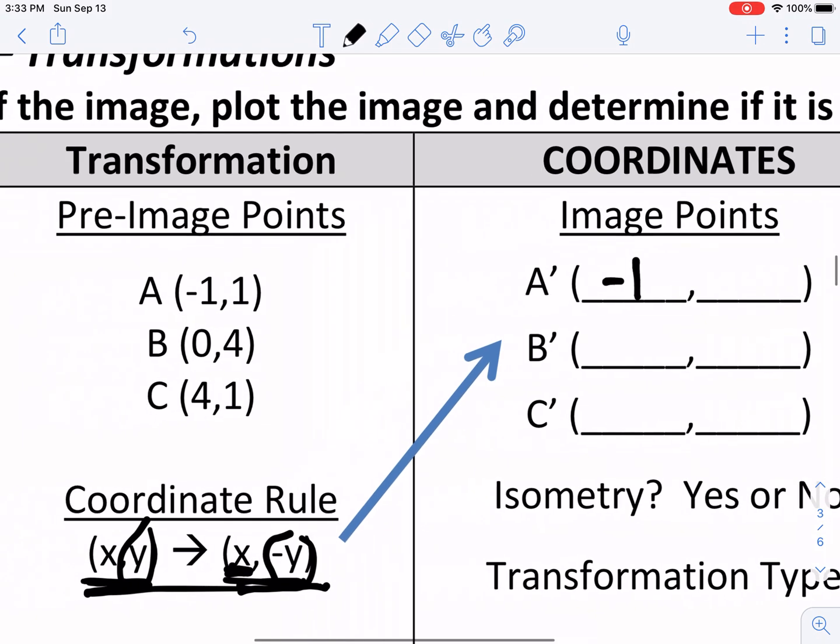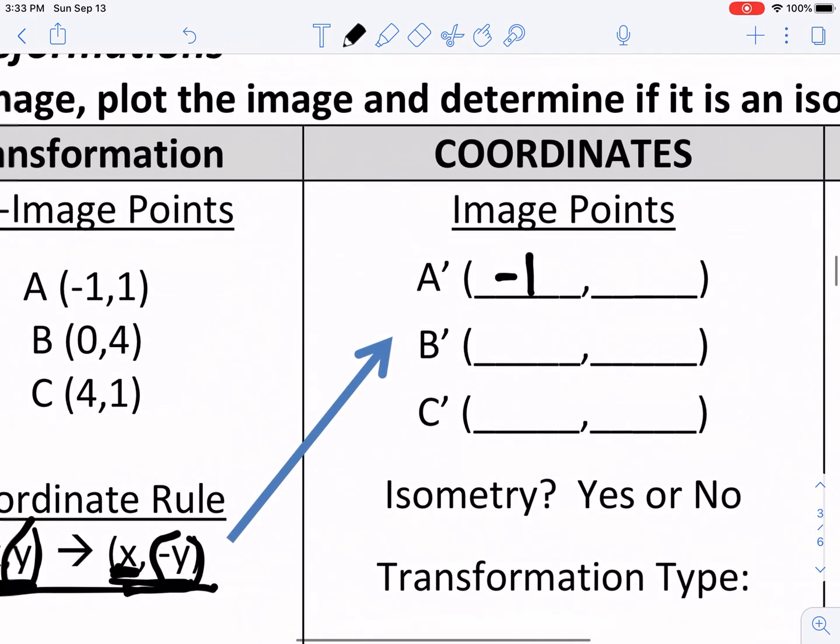X doesn't have any change. However, y is now going to be negative, so instead of having a 1, we're going to have negative 1. For my x, it doesn't change, but for my y, we're going to have a negative in front of it. So from my pre-image to my image, I'm mixing up my words here, we have a negative 4.